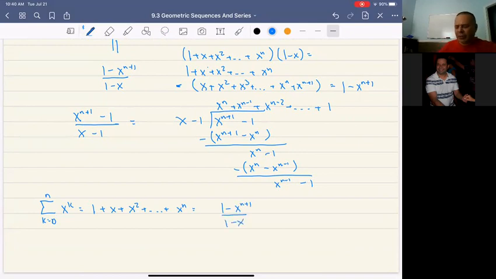That's the traditional way of writing it. But we could also write it as x to the n plus 1 minus 1 over x minus 1. So that's all that work was for that. We'll do a couple examples with that in the next video.